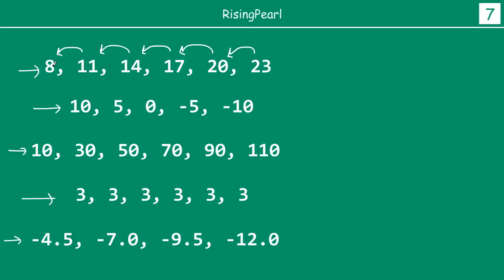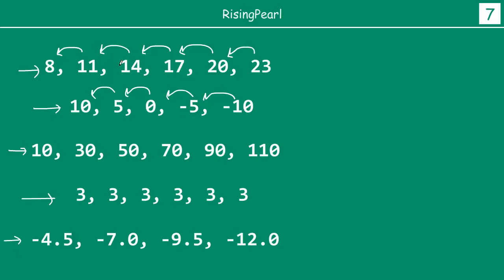Now these differences will be different for different series, but within a series, if you take any term and subtract the previous term, that value has been constant. The common difference value has been constant.